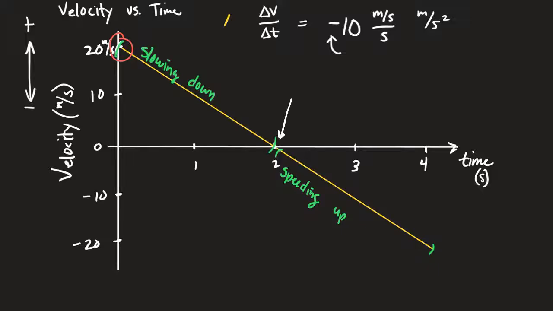I can't tell you if an object is speeding up or slowing down just because you gave me the acceleration. And I know you're not writing that down. We're really into this conversation, or at least you're looking at me like you are, but I would really make sure you write that down and highlight it. Knowing the acceleration isn't enough to know whether you're speeding up or slowing down.